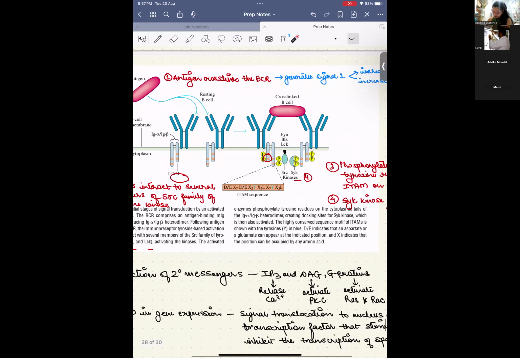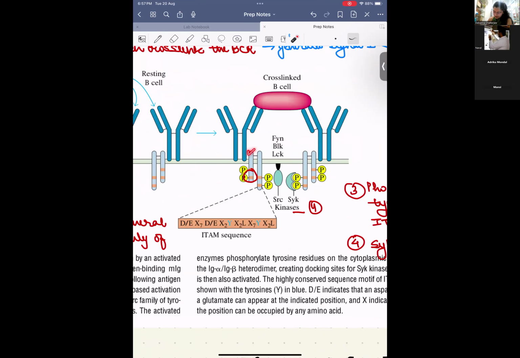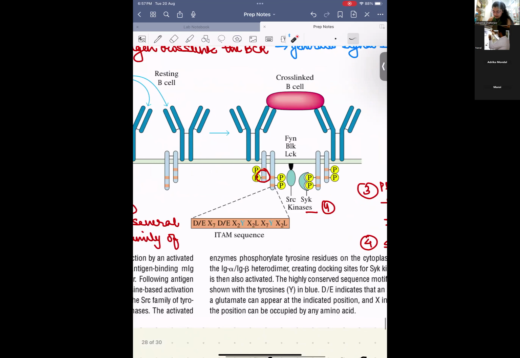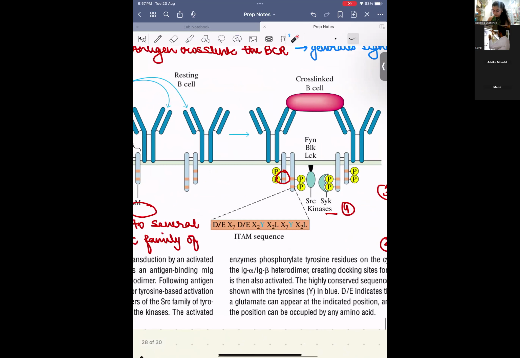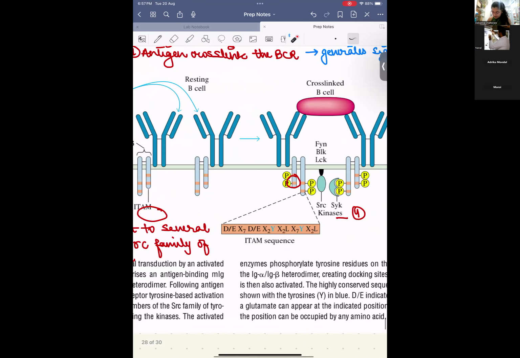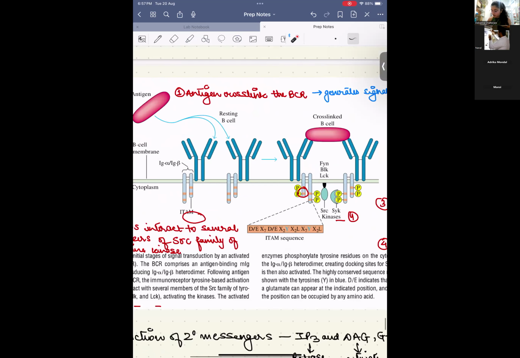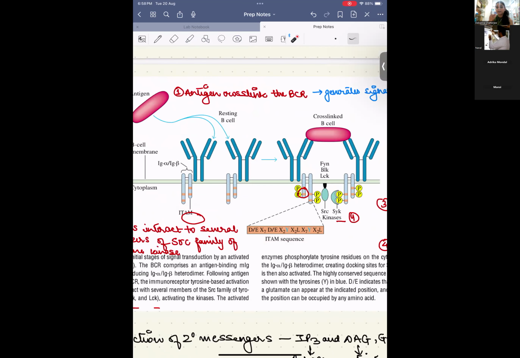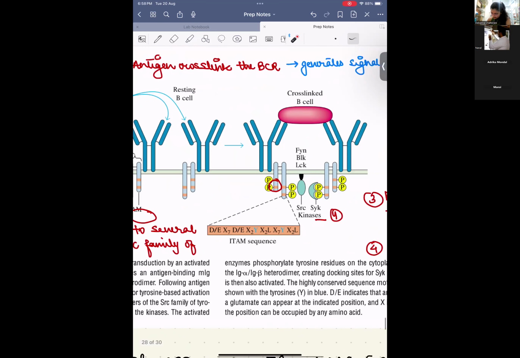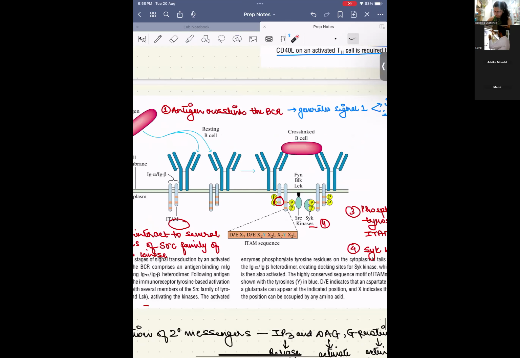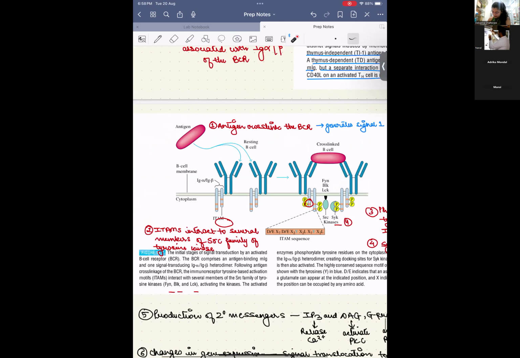Once this cross-linking has occurred, we have these Ig alpha and Ig beta molecules, which initially were non-phosphorylated. But when this cross-linking occurs, these ITAM regions, where a lot of tyrosine residues are present that can be phosphorylated, get to interact with members of the SRC family of tyrosine kinases.